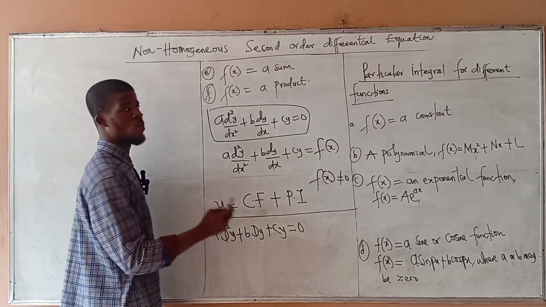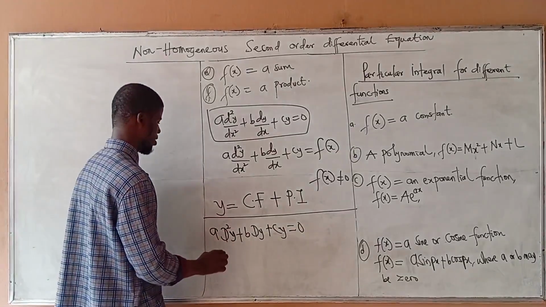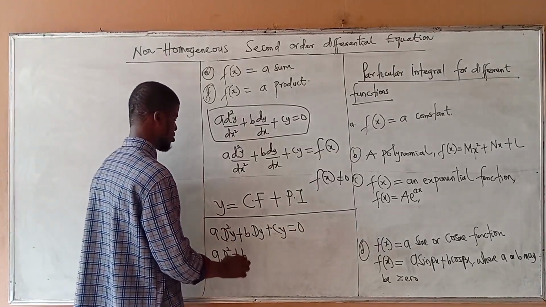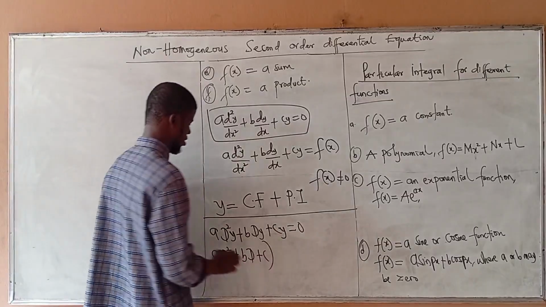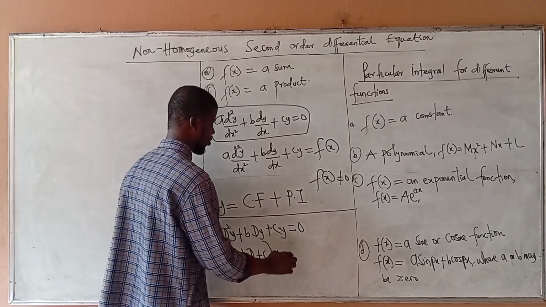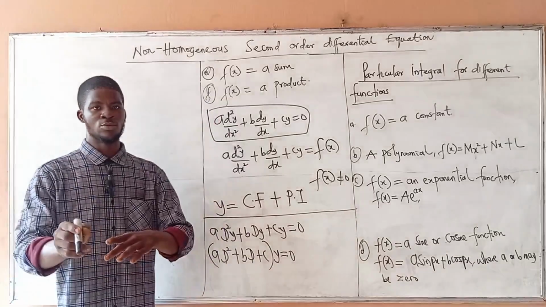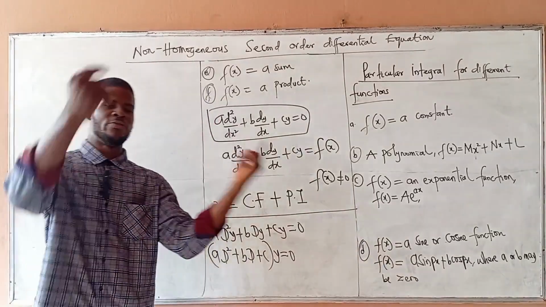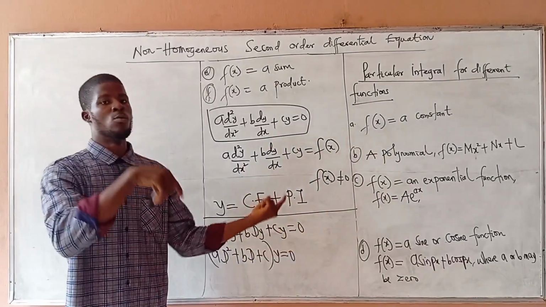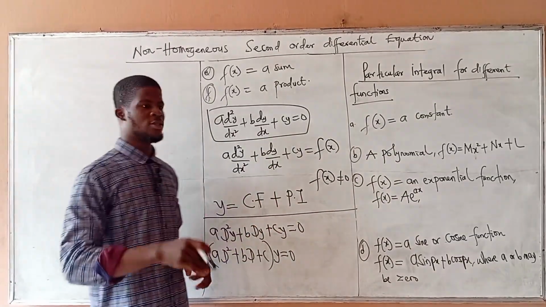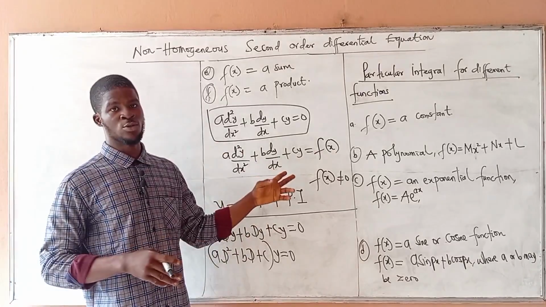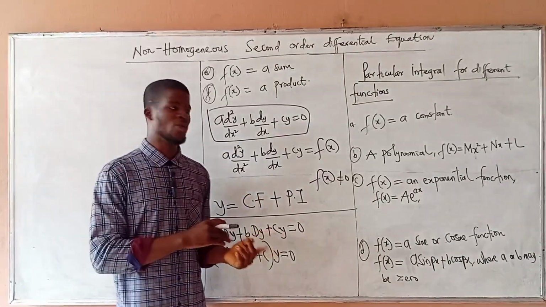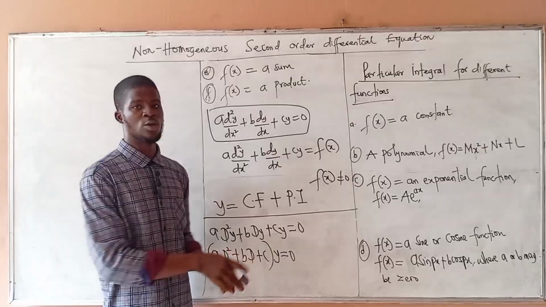If I bring y outside, it's going to be (a D² plus b D plus c) y equals 0. I'm speaking based on the previous knowledge coming from homogeneous differential equation, but we still have to apply it here also. That's why I said you should watch the video so that you understand basically what's going on here.